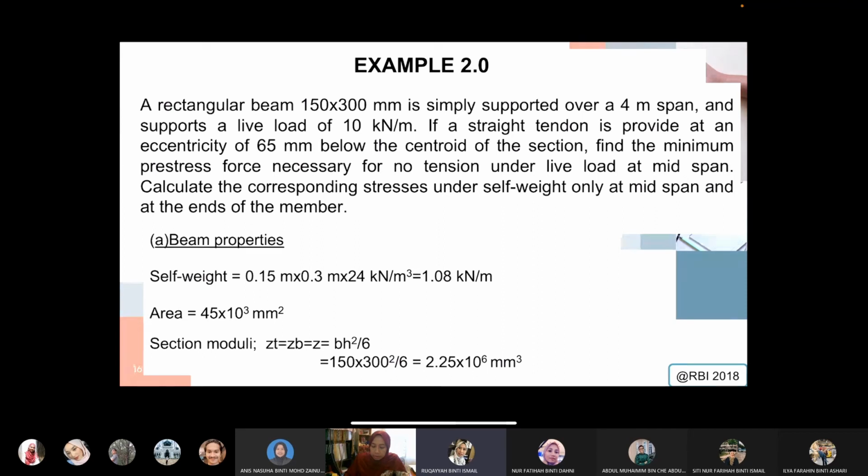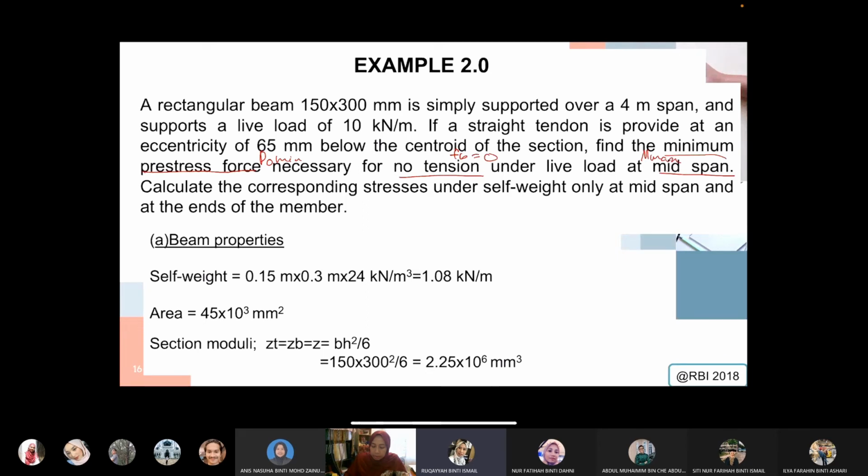If a straight tendon is provided at an eccentricity of 65 mm below the neutral axis, the centroid of the section, find the minimum pre-stress force necessary for no tension, with live load at mid-span. When we say minimum pre-stress force, we want to find P not minimum. No tension means that your FB is equal to 0, and live load at mid-span means the condition is moment maximum.